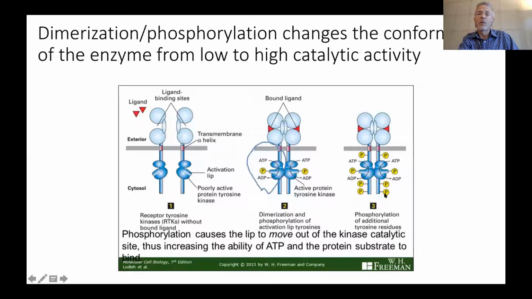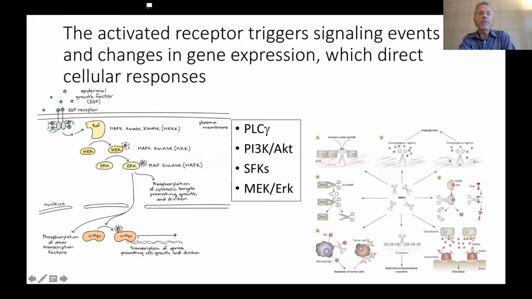One of the substrates is the enzyme itself, and that creates docking sites to recruit signaling molecules. It'll also phosphorylate other proteins, which are its substrates as well. So the activated receptor triggers signaling events and changes in gene expression, which direct cellular responses.